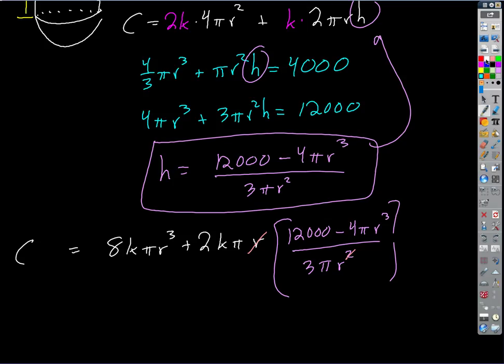So now we've got cost as a function of radius only. Okay? And what happened here? When we made our substitution for h, one nice thing happened. We get an r canceling top and bottom.